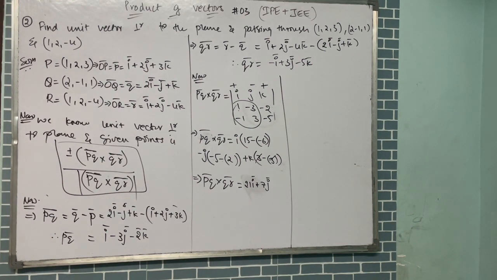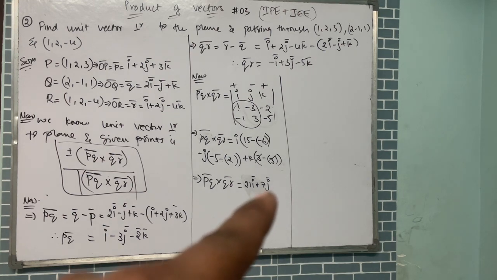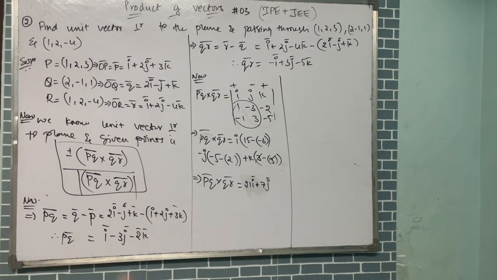Is it clear, everyone? Now you got the cross product of PQ and QR. The k part is not there, because minus 3 plus 3 is 0. So we got this much.